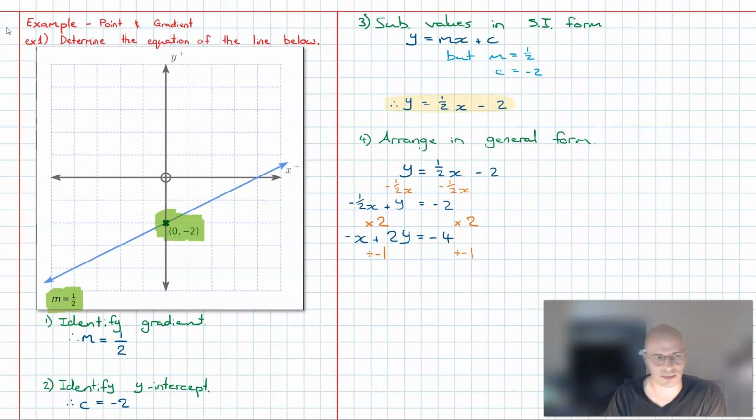It will have the same effect. Thus, I have 4 on the right, minus 2y on the left, and just positive x on the far left here. So general form is presented as x minus 2y equals 4. So this is my general form.